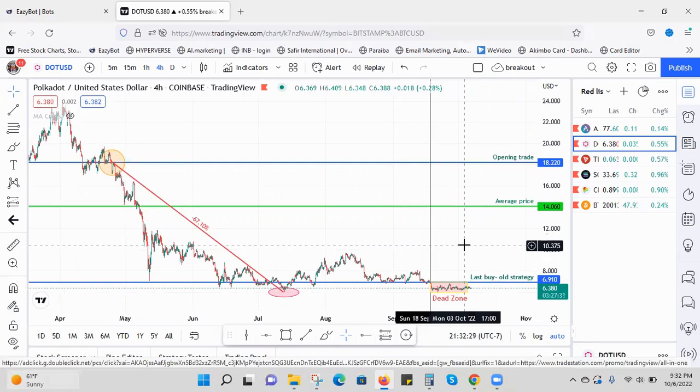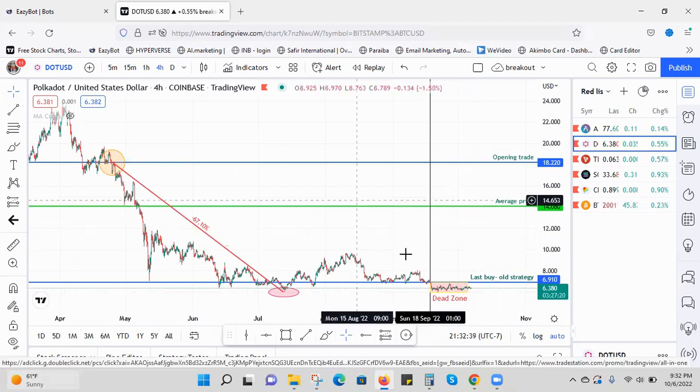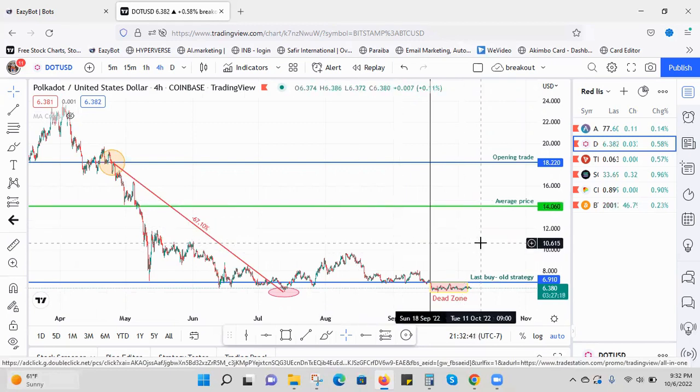That's what's so exciting. And what's really exciting to think about is, now with this new strategy, we've got the potential of handling a 90% drop in the market. So we're going to really see some incredible things happen with Eazybot accounts in our community. So pay attention to those, watch multiple.